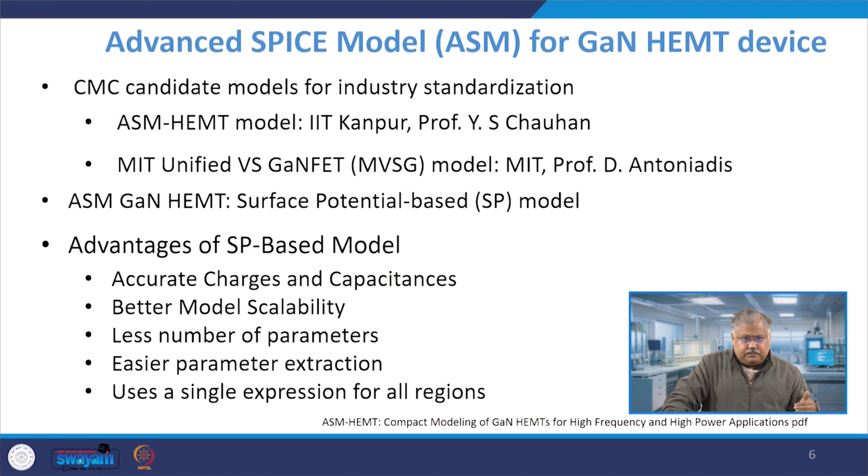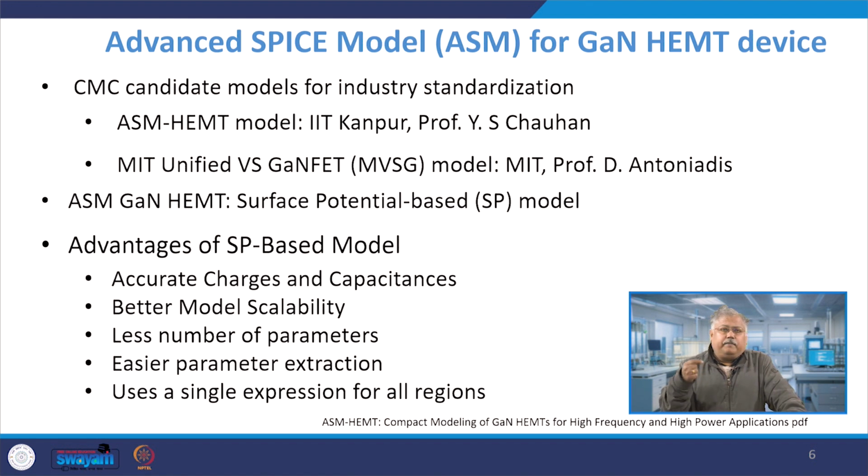Both these ASM and GAN FET models are surface potential based models, which means that if you are able to extract the surface potential at individual points in the channel, you will be able to extract the value of the HEMT model. The advantage of a surface potential based model is that it is highly accurate, first of all, because you are trying to find out the surface potential at individual points.